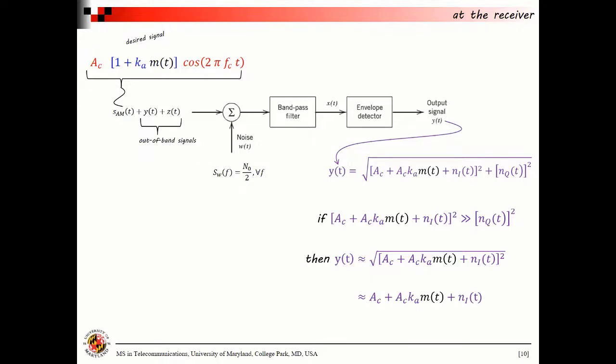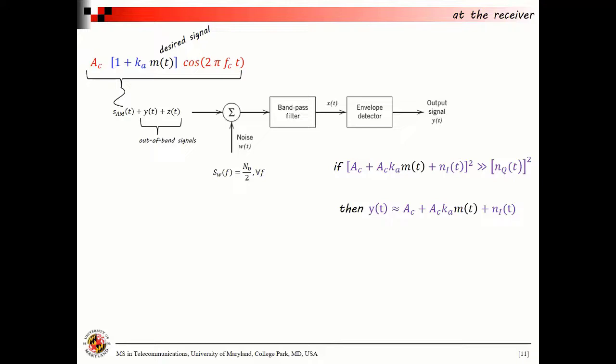M of t is the information bearing signal that we seek, and Ni would be the noise term at this point. With the assumption that the in-phase term is much larger than the quadrature term, then and only then the output will be equal to a DC term plus a constant times the information bearing signal that we seek plus a noise term.